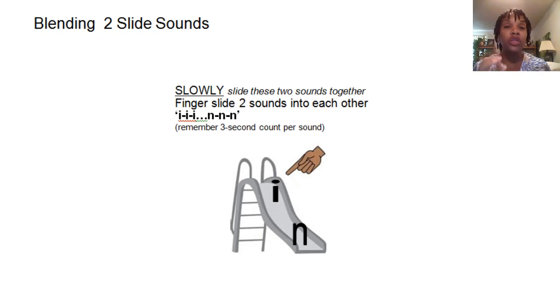So what we're going to do is we're going to slowly slide this sound into this sound, okay? And again, we are going to be smooth when we start that slide. None of that jerky business, right? None of that choppy, jerky business. We're going to be smooth, and we're going to slide one sound right into the next, all right?